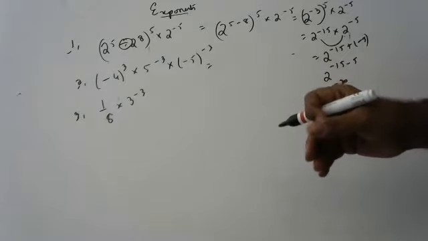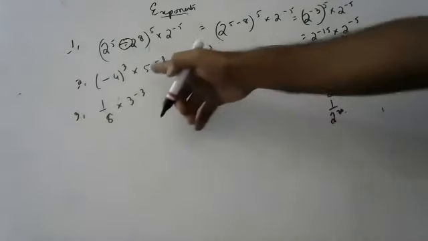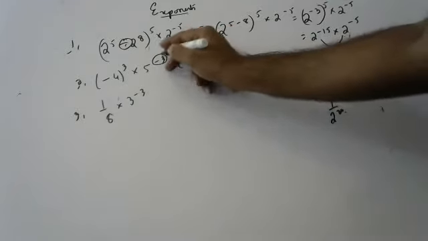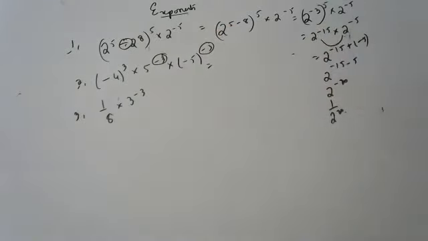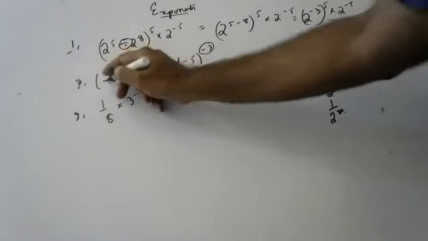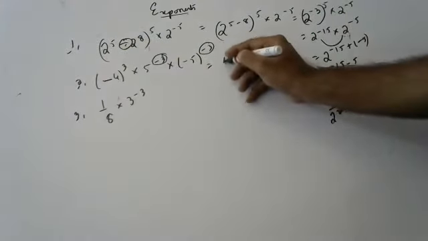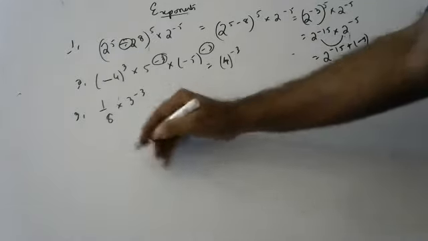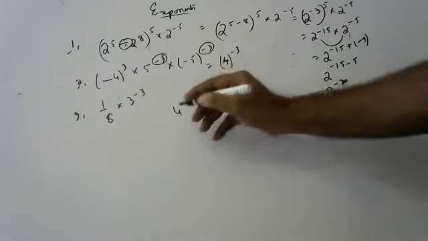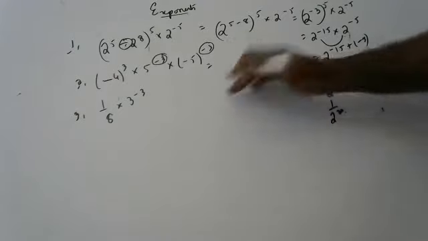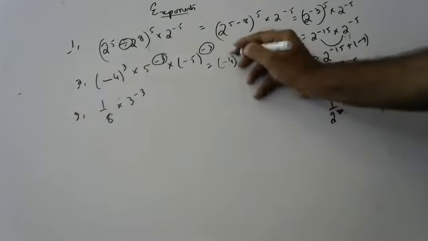Okay children, see, this has minus 3, this also has minus 3, and I want to make this minus 3 too. So I will write this as minus 4 to the power of minus 3.